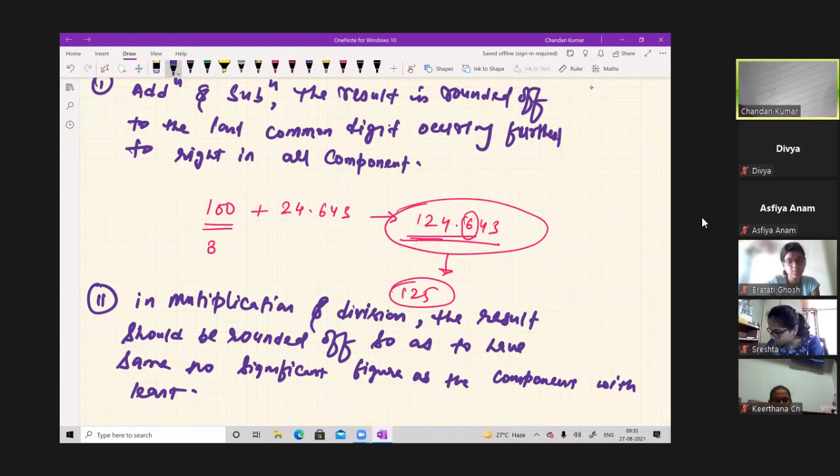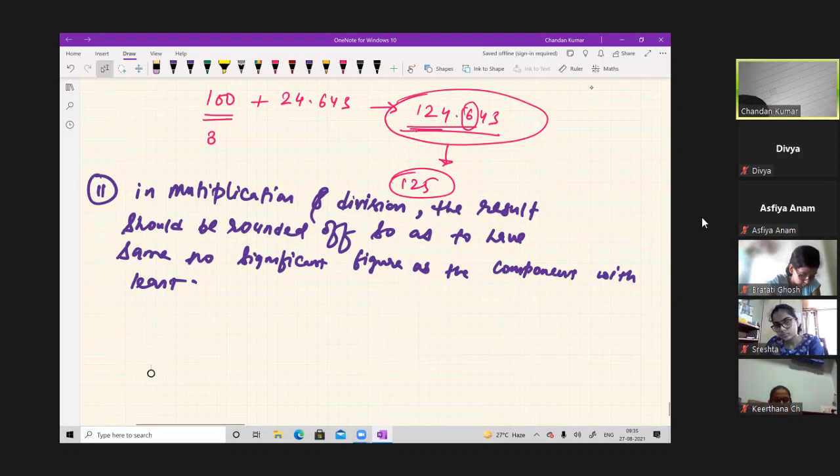Now least what? Significant figures. We're talking in the context of significant figures.